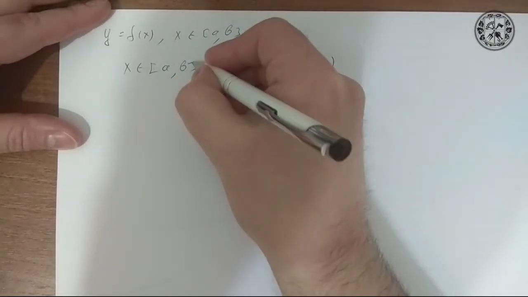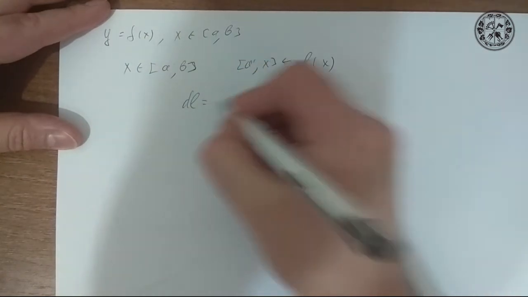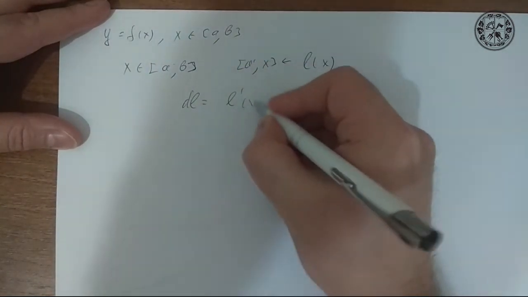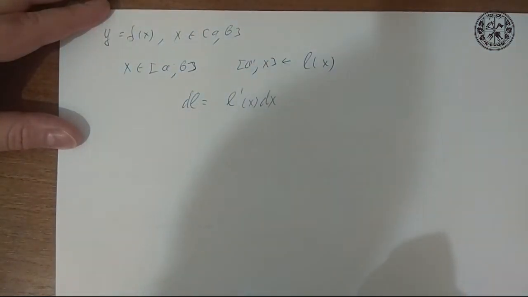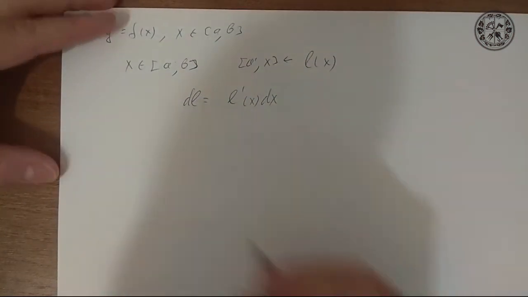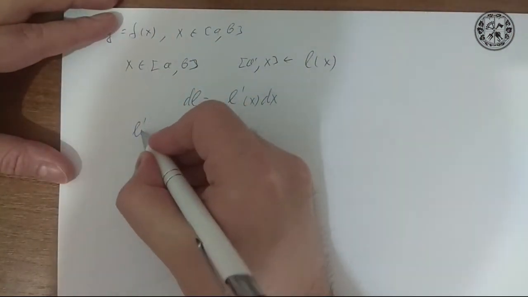Using formula for differential, we get dl will be L prime of x dx.